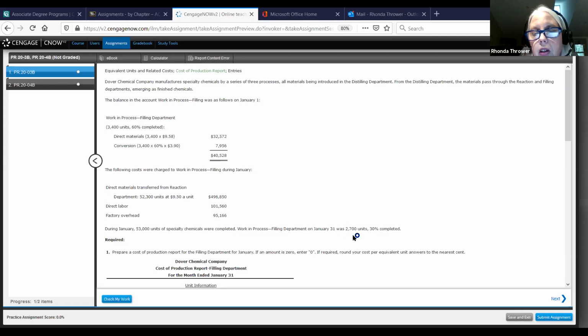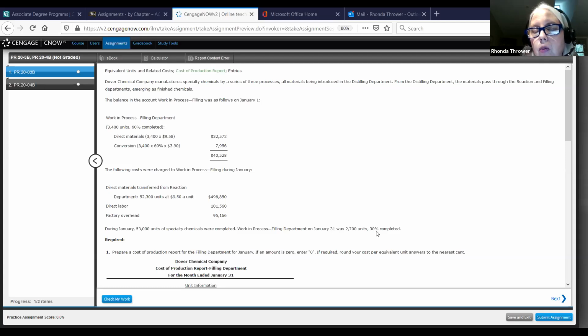Out of the 2,700 units, 30% of those units were completed with respect to conversion, because 100% of the materials were added to the ending inventory during this period.